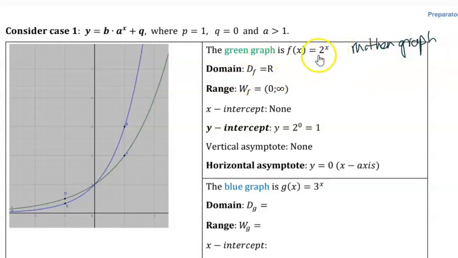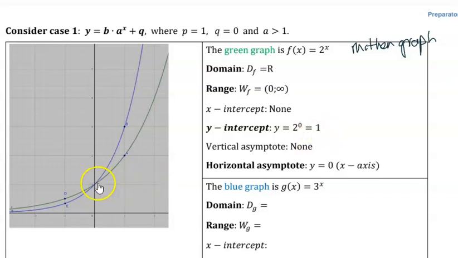We can always work out 2 to the something, so we have a domain of R, but our answers will always be greater than 0, so it's everything from 0 up to infinity, but not equal to 0 and never negative. We never have an x-intercept for this graph, but the y-intercept occurs when x is equal to 0, and that will be 1.